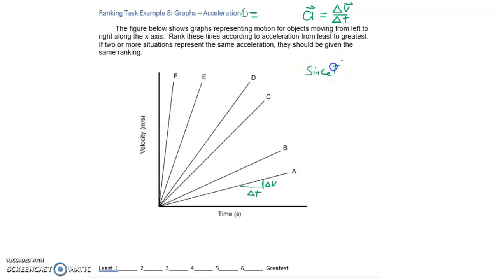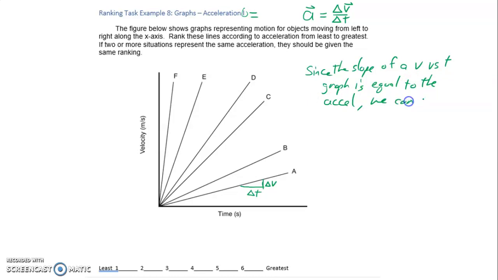Say since the slope of a velocity versus time graph is equal to the acceleration, we can rank these by slope. And so therefore A has the least slope, then B, then C, then D, then E, and then F.